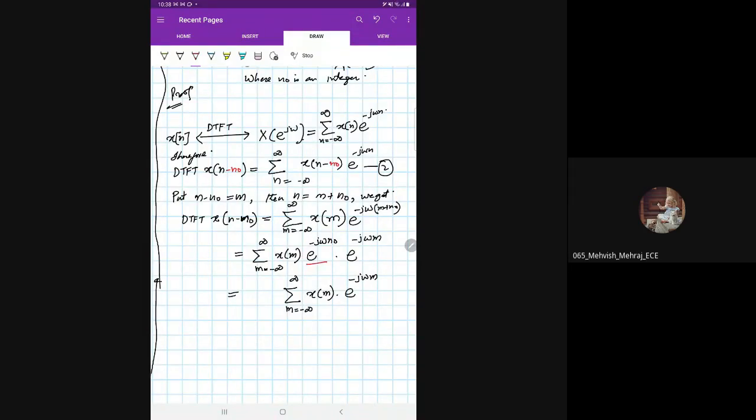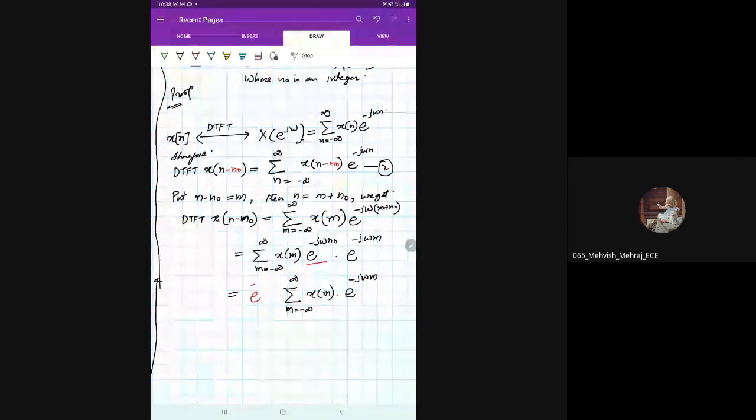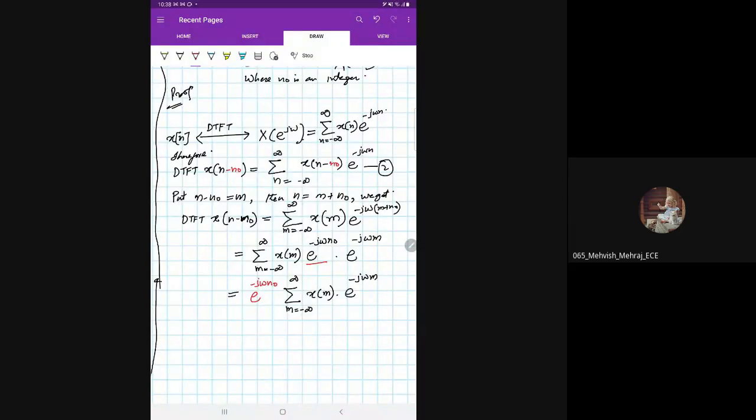Okay, so this term will be taken out, because there is no m present, summation will not apply on it, it will be considered as a constant. e to the power minus j omega n naught will come out. Now see, what is summation of m from minus infinity to plus infinity of x of m e raised to power j omega m?